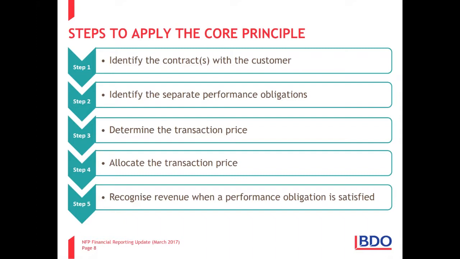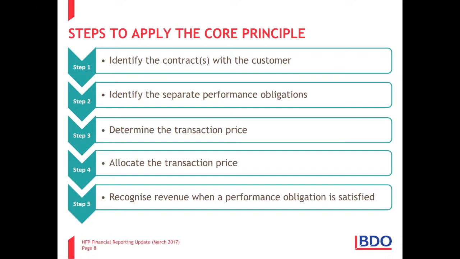So let's look at a basic example to give you the gist of AASB 15. Now this is a for-profit example, but it's to illustrate a principle, and we'll do a number of examples for not-for-profits a bit later. So first of all, step 1 is to identify the contract or contracts with the customer.